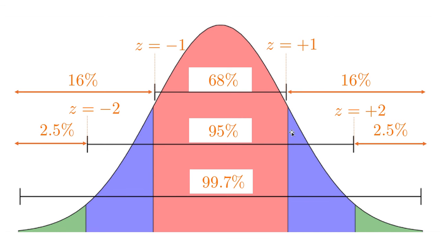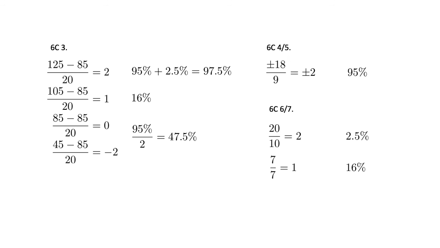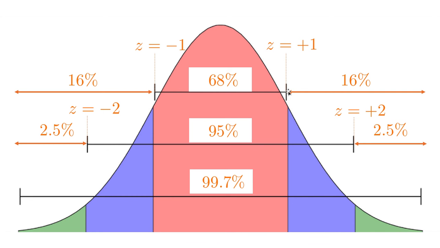Back to the picture. A value of 20 is over here with a z-score of 2. There's 2.5% of the data above it. For number 7, it's almost the same, except the value works out to a z-score of 1. And for a z-score of 1, you have 16% of the data above that z-score.